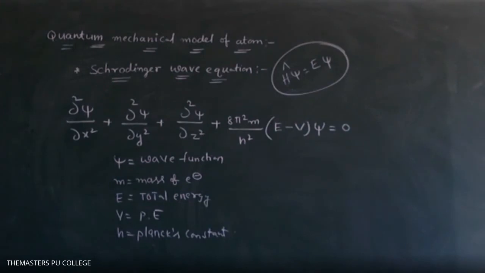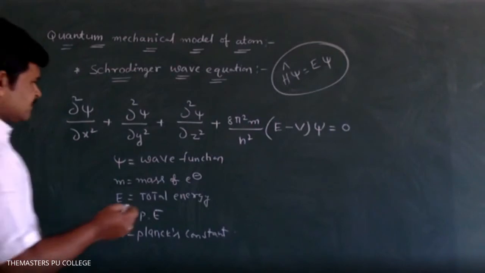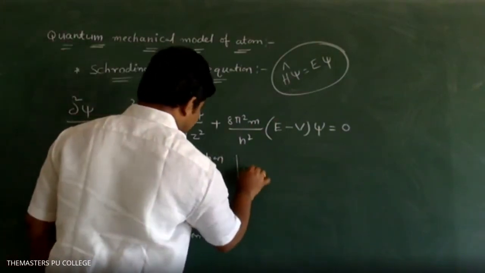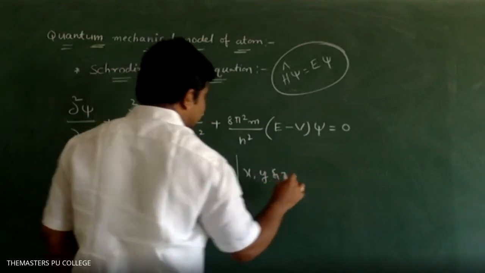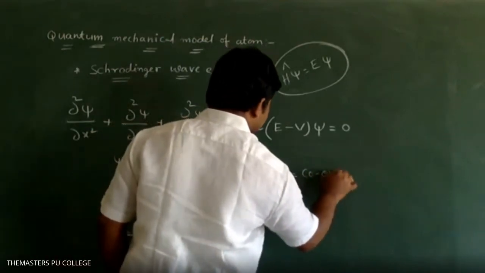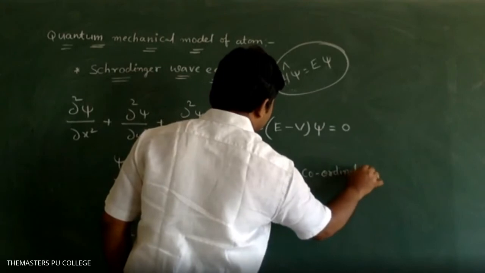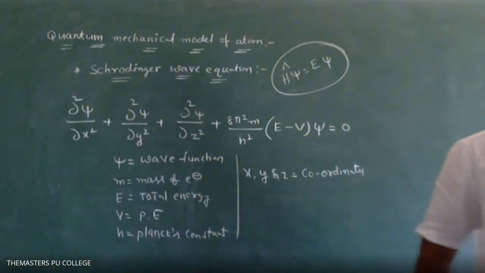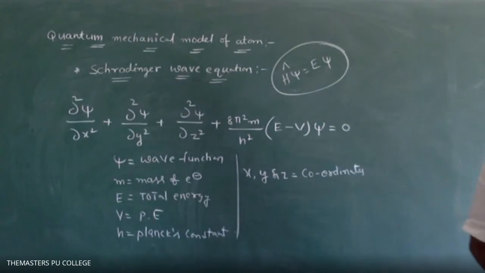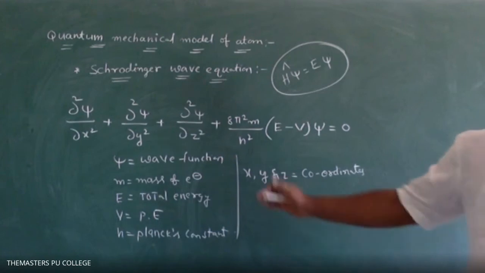E is equal to total energy. V is equal to potential energy. H is equal to Planck's constant. X, Y, and Z are coordinates. Okay, please write this down as it is.